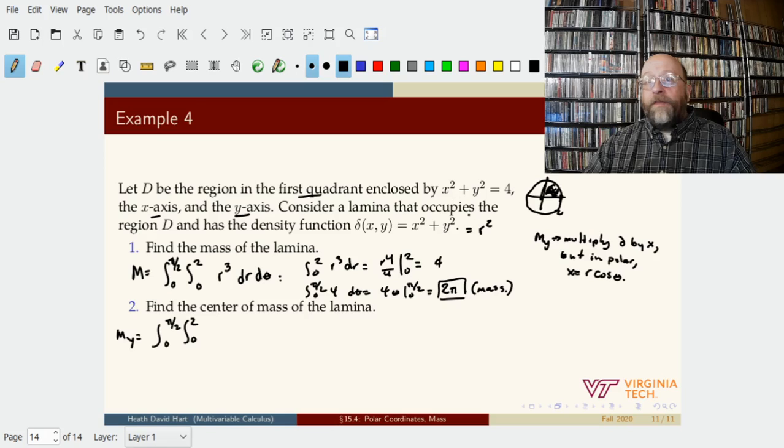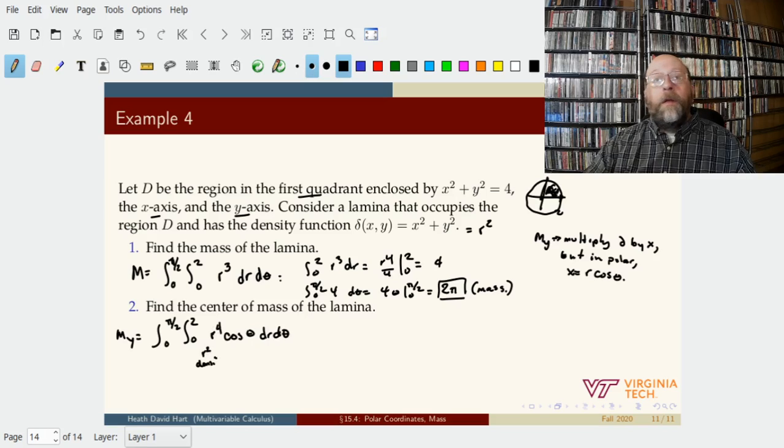The density, which is r squared, times r cosine theta. So now we have r cubed cosine theta. And since we're in polar, we multiply that by r, and we end up with r to the 4th cosine theta. This is my density times r cosine theta, which is my x, and then times an extra r because we're in polar coordinates. That's what the r to the 4th cosine theta becomes.